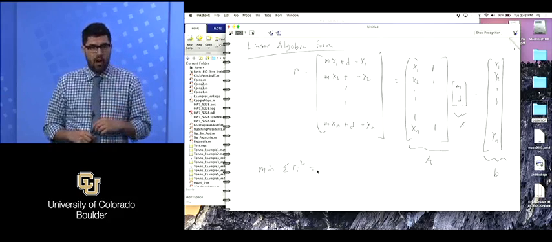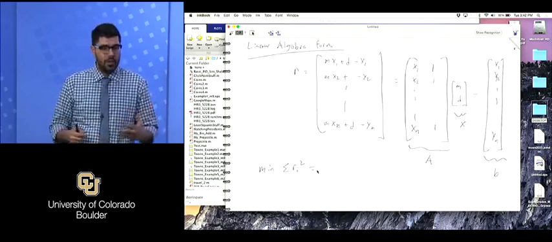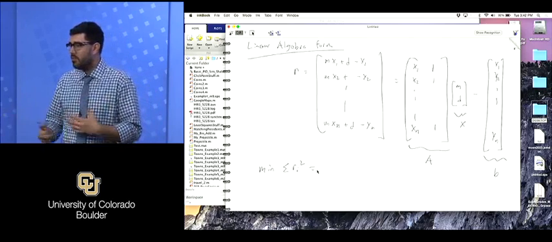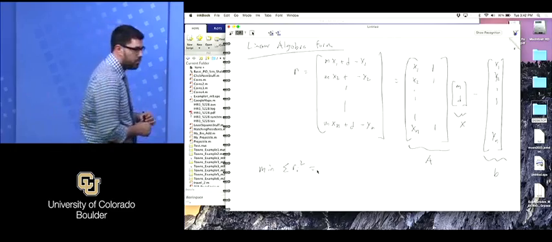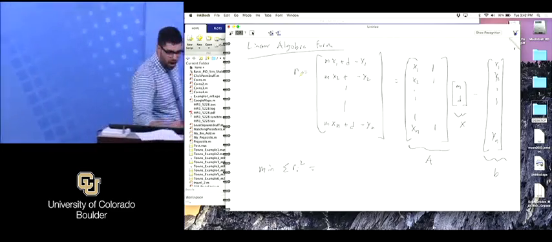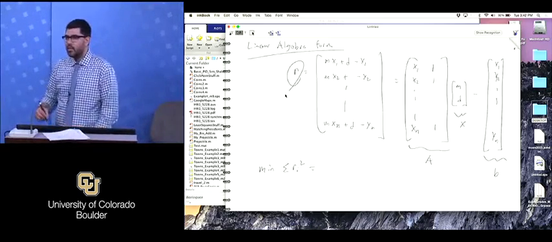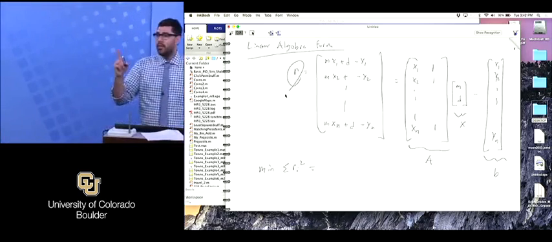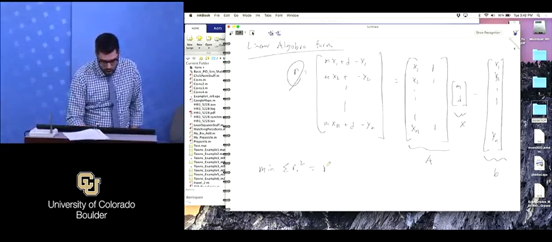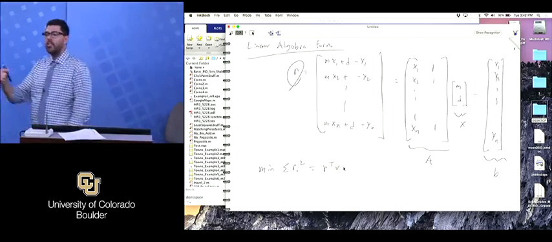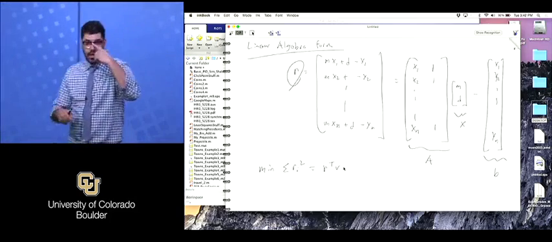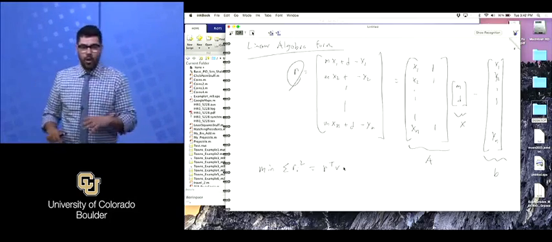What's the sum of ri squared in vector form? If I wanted to use r, how would I rewrite this? R transpose r, because r is assumed to be a column. Are we okay with that?